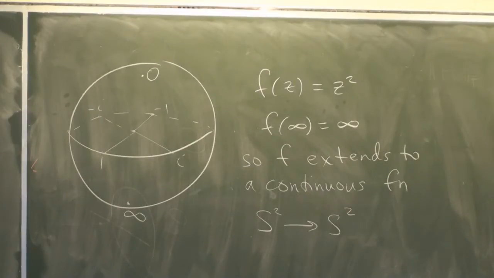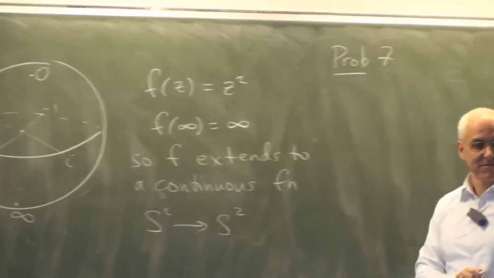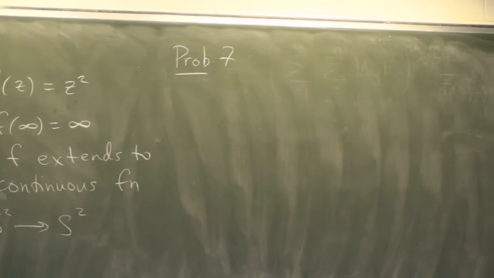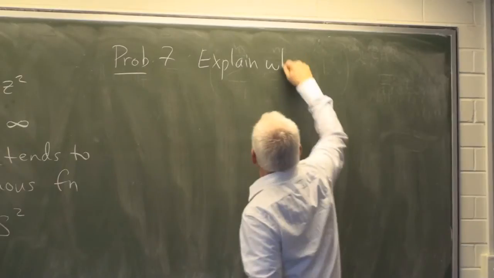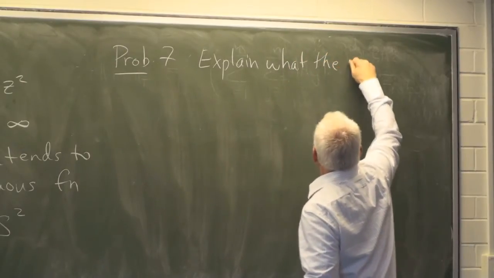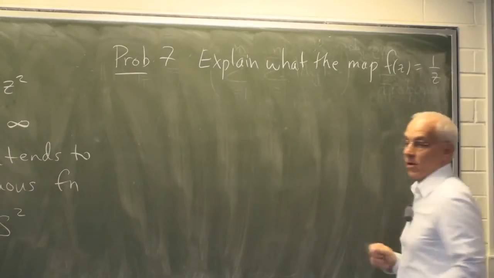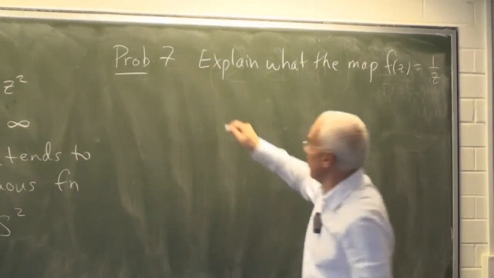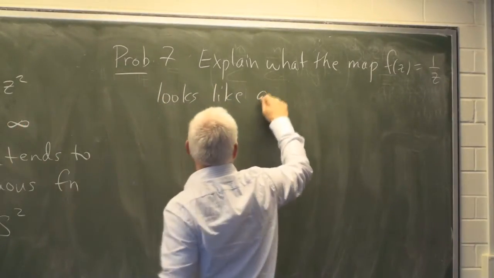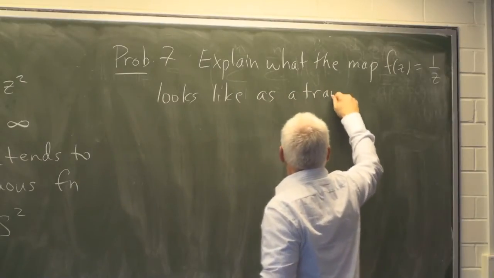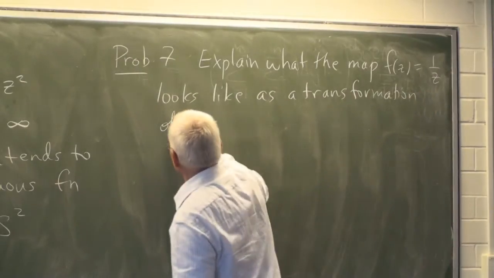Okay, so here's a problem to think about a little bit. Problem number 7, I believe. So explain what the map f of z equals 1 over z looks like in this picture, as a transformation of the Riemann sphere.